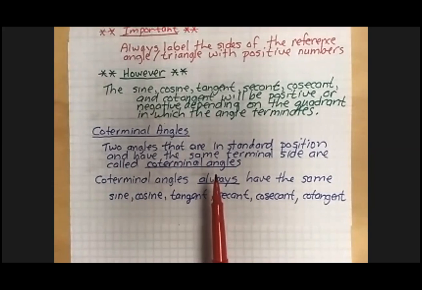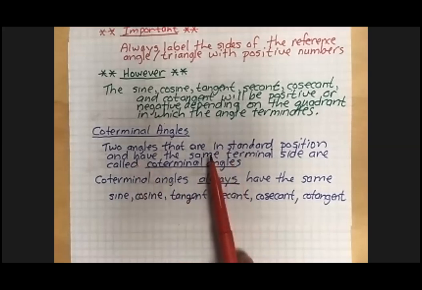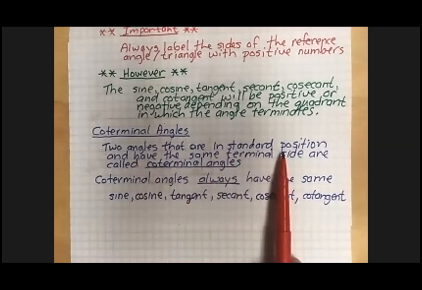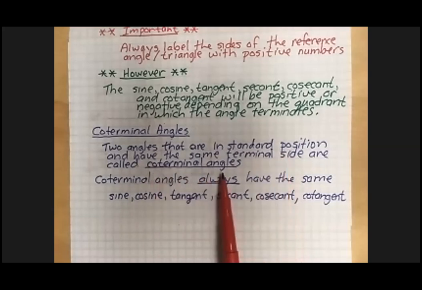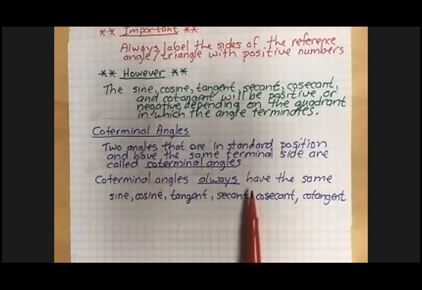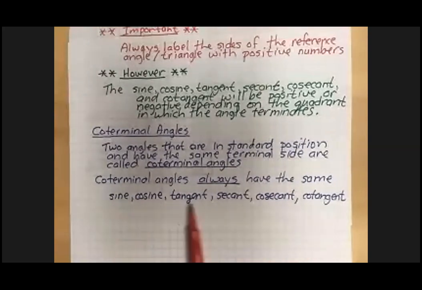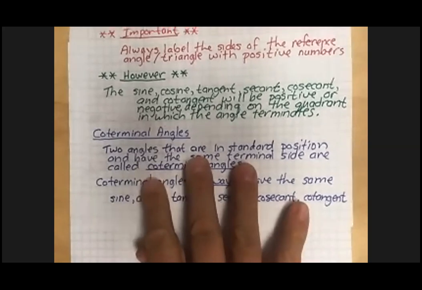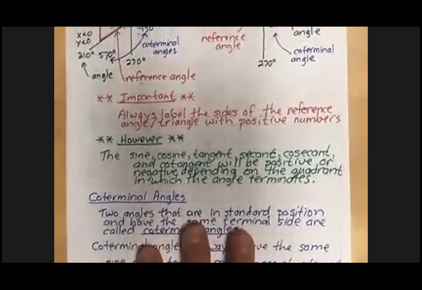Add a 360, take out a 360, add two 360s, which is 720, take out two 360s. Coterminal means they're both in standard position, they both start at the same place, positive x-axis, and they both end at the same place. They both have the same terminal side. And the value of that is coterminal angles always have the same values for all 6 functions. But the reference angles are different.